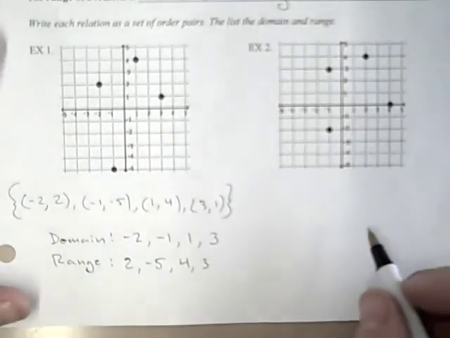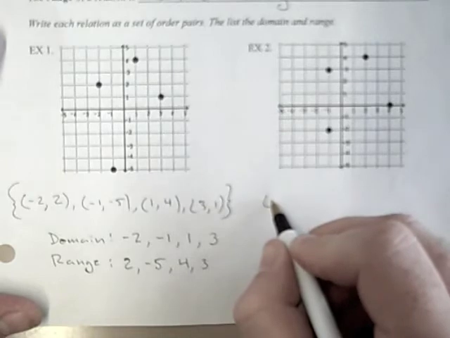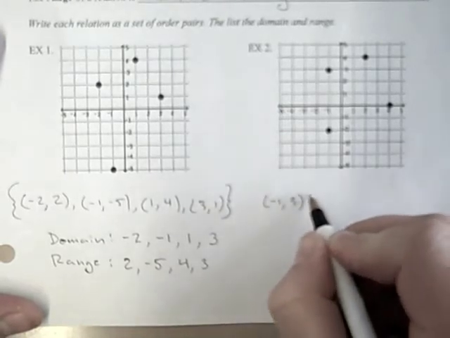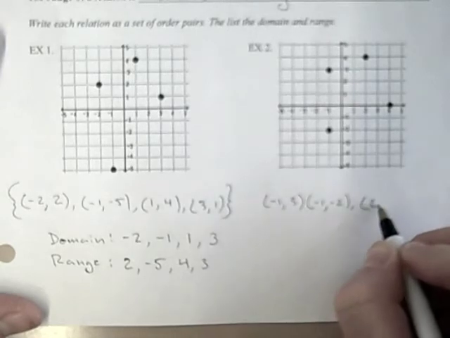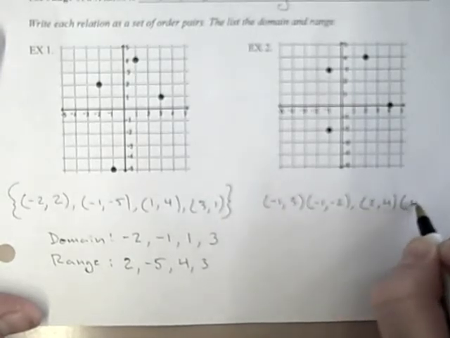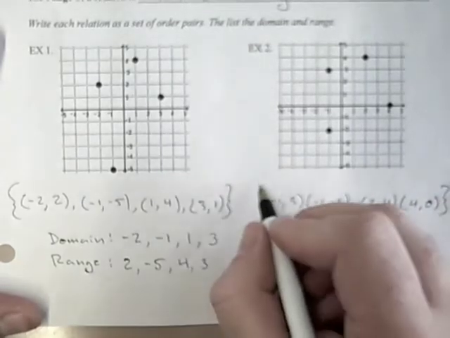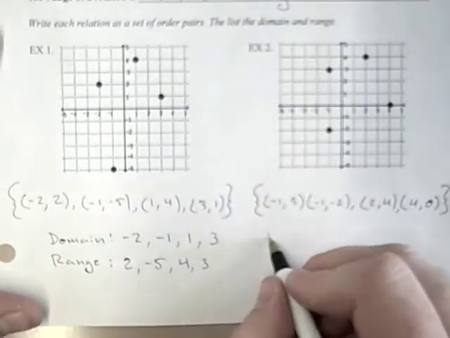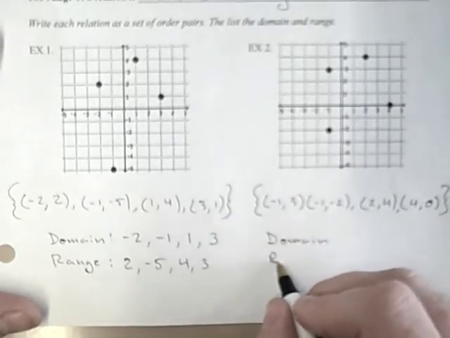You can do the same thing over here. Each of these points are -1, 3, and -1, -2. 2, 4, and 4, 0. Put them in the brackets, then indicate the domain and the range.